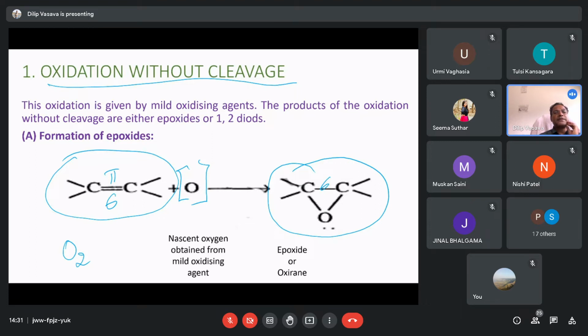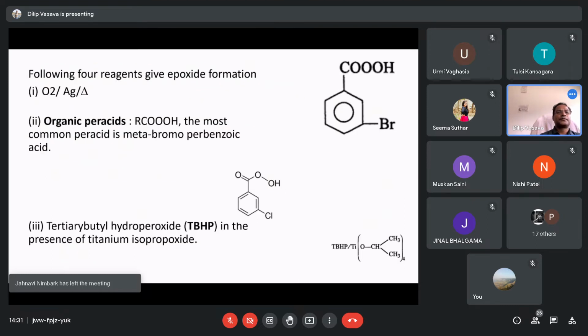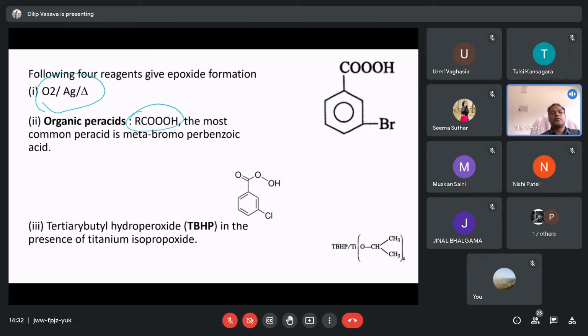In this case, the nascent oxygen is a mild oxidizing agent, and this is carried out in the formation of the epoxide. For the formation of the epoxide, these reagents are utilized. What are the oxidizing agents? O2 gas in presence of silver, then the organic peracids, perbenzoic acid, H2O2, hydrogen peroxide, metabromobenzoic acid.